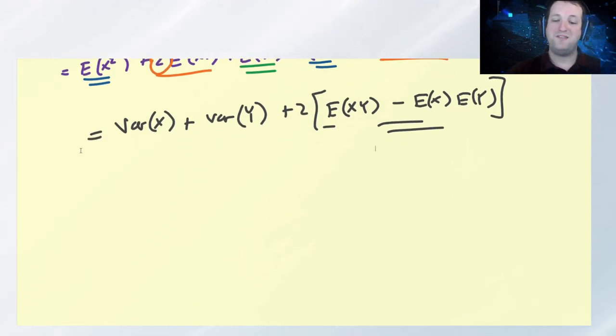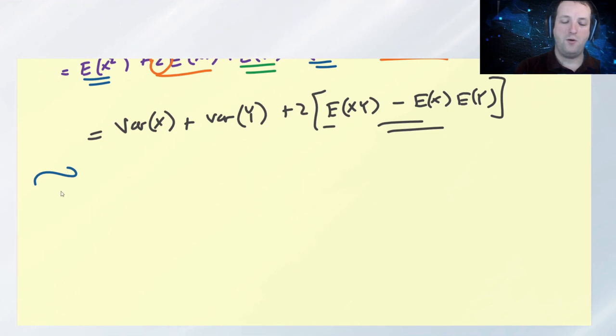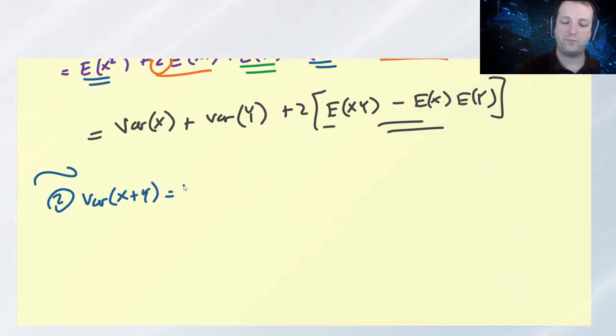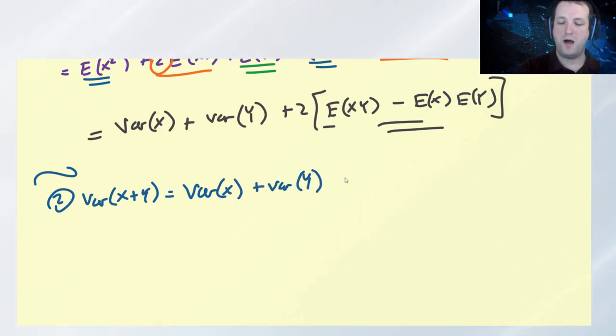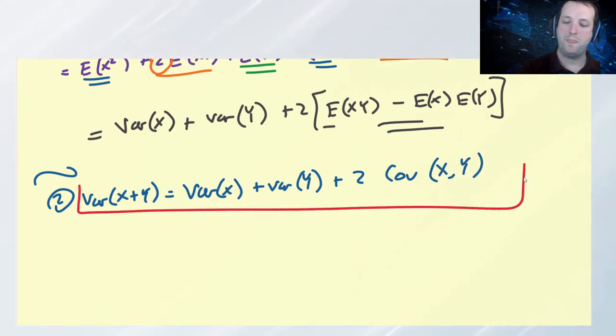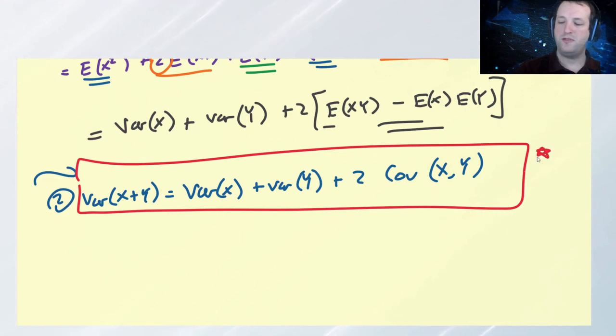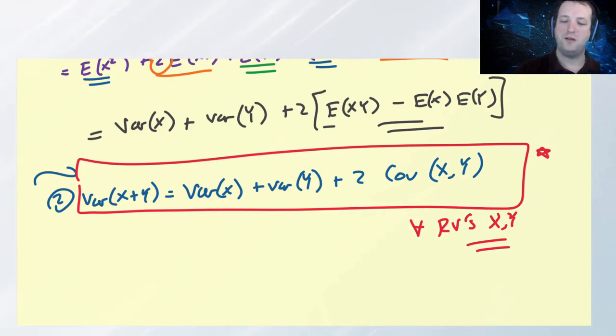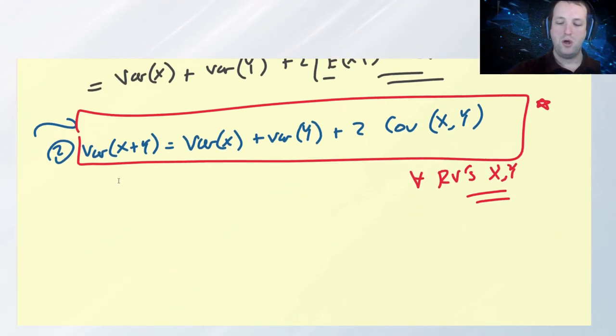So now we have this next important property for the variance, and that is the variance of x plus y is equal to the variance of x plus the variance of y plus 2 times the covariance between x and y, right? So that's the general formula, and that's true for all random variables x and y. But there is a special case. What about when x and y are independent?